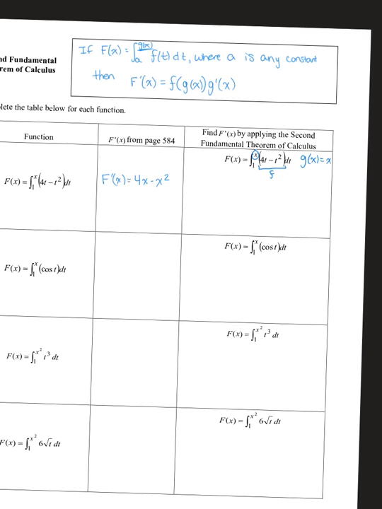Okay, so to find f prime, we follow this pattern here. So f of g of x, so we're going to plug in g of x into f. So we have 4x minus x squared times g prime. Well, over here, g prime of x is just 1. So this is all times 1. That means that f prime is 4x minus x squared. Okay? Which is in fact what we got from the previous page.